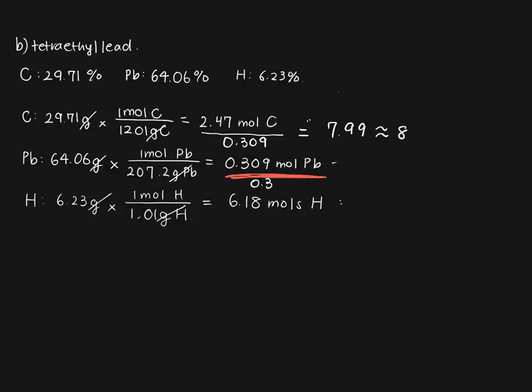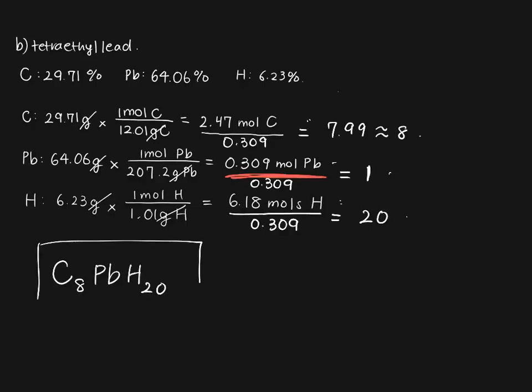Divide 0.309 by 0.309, which gets you 1. And then for the last one, we will get 20. Now if you notice for this one, all of these are whole numbers, so you can write out the empirical formula for tetraethyl lead, which is C8PbH20, and that is your answer.